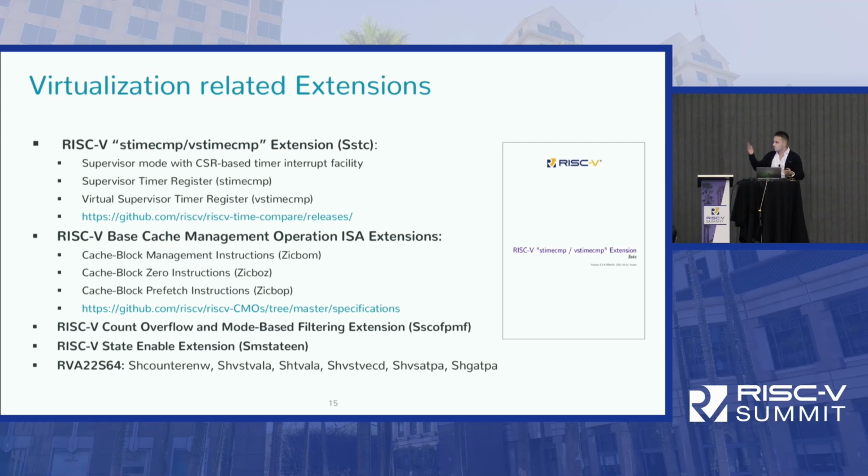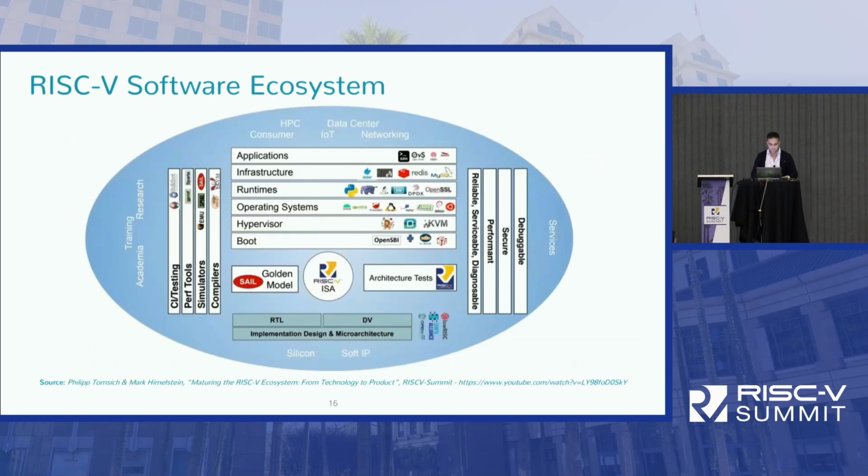And there are a couple of other extensions related to cache if you need to implement smarter and more advanced mechanisms in terms of cache management to avoid side channel attacks and all of that stuff. Just for reference, I have all of them here.